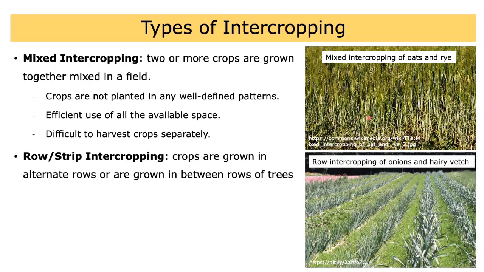Row or strip intercropping. Crops are grown in alternate rows or are grown in between rows of trees. In this picture, you can see onion and hairy vetch. They are grown in alternate rows.